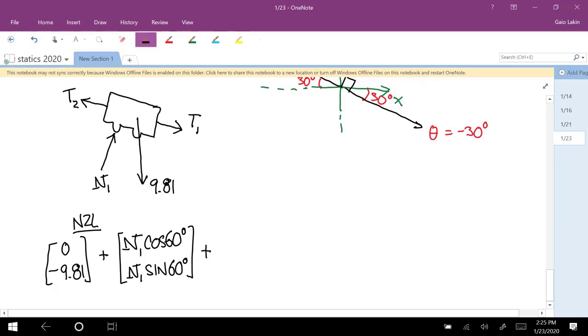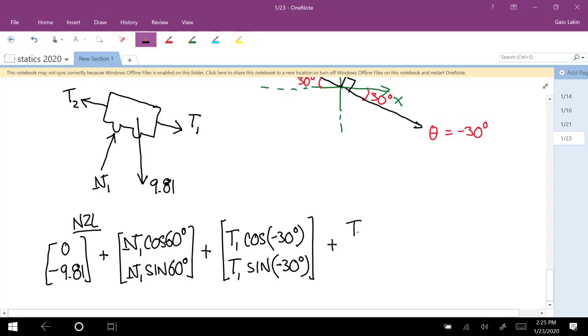Then the cable force T1, that angle is negative 30, so we have T1 times cosine of negative 30, T1 times sine of negative 30. And then we have T2, that angle is 150, so T2 times cosine of 150, T2 times sine of 150.